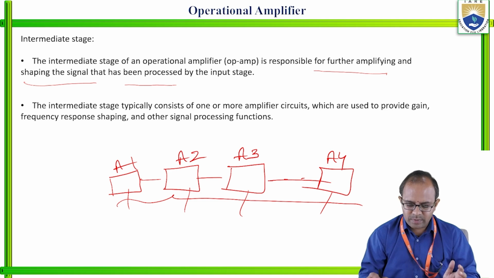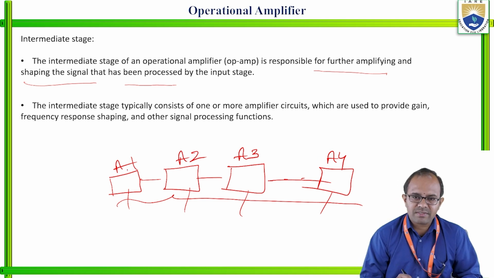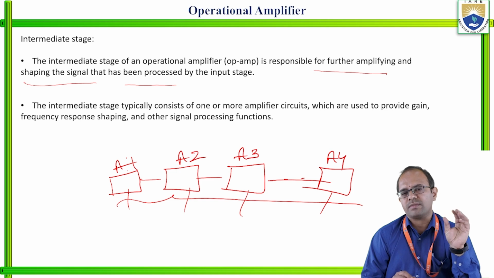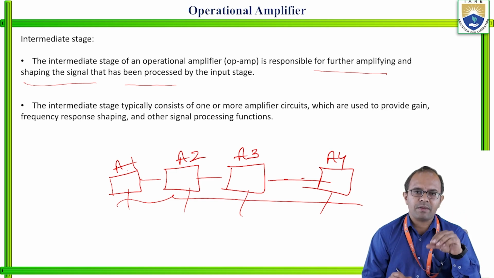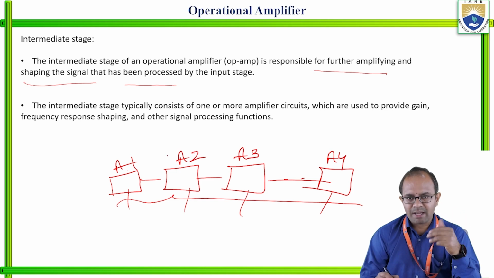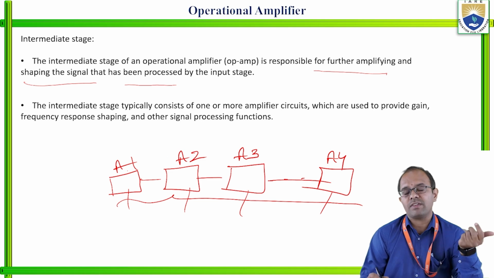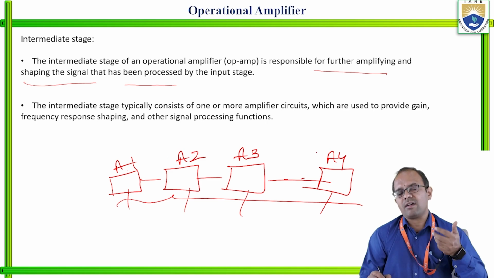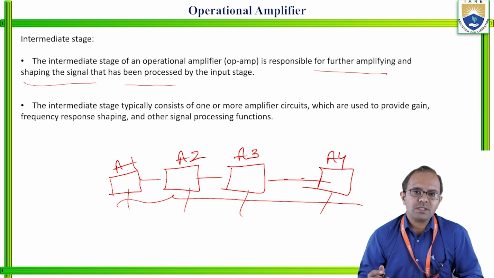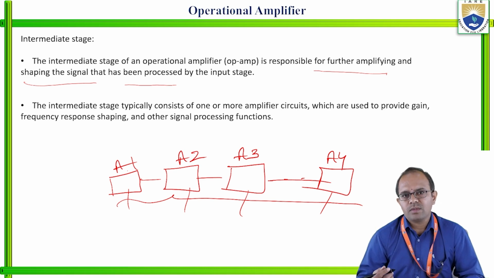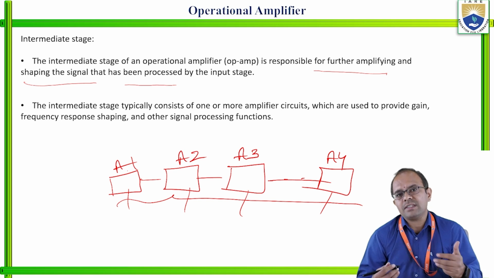So what will this do? The first stage will amplify some amount of the signal, the second stage will amplify further, the third will amplify further, and the fourth stage will amplify further. It all depends on how much amplification factor you want to achieve, so it depends on the requirements.